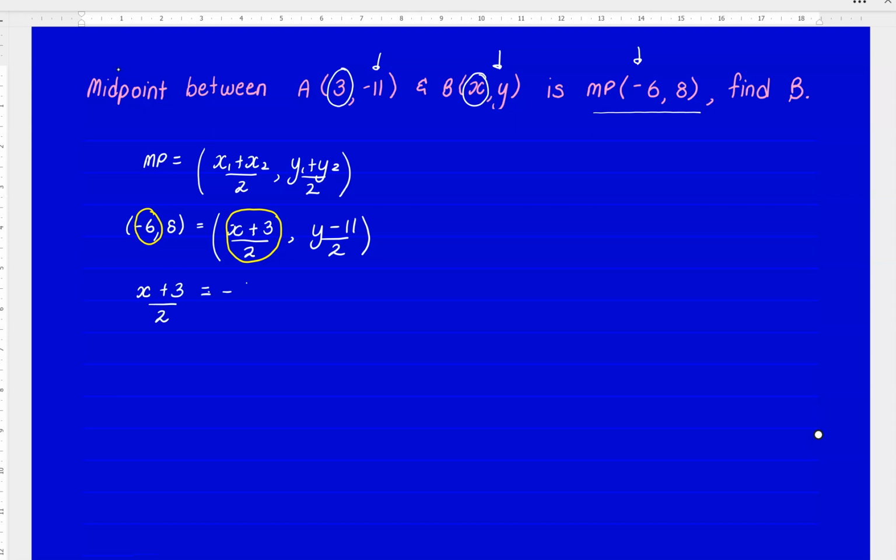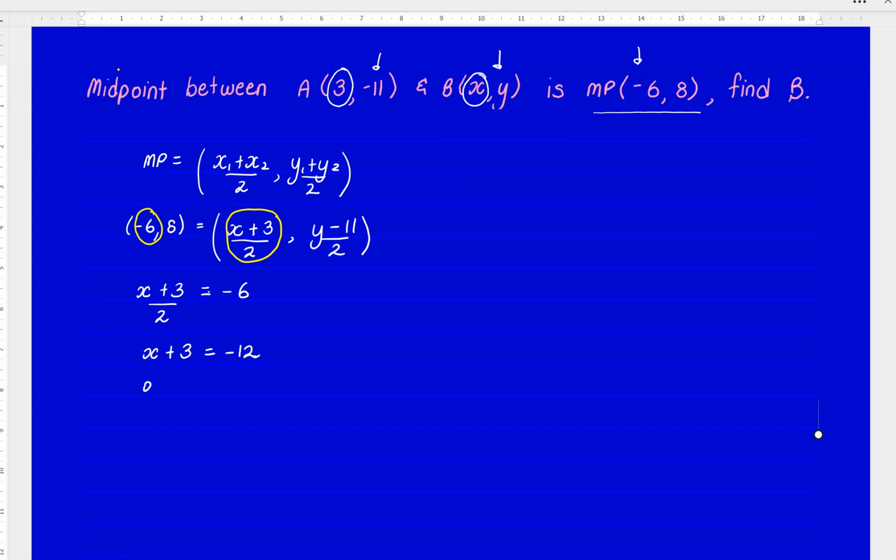Okay, so x plus 3 over 2 equals minus 6. We've sort of done this a few times now. So x plus 3 divided by 2. Last thing I said was divide by 2. So that's what we have to get rid of first. How do I get rid of a divide by 2? The opposite of dividing is timesing, and we do that to the other side. So minus 6 times 2 is minus 12. Now, how do I get rid of the plus 3?